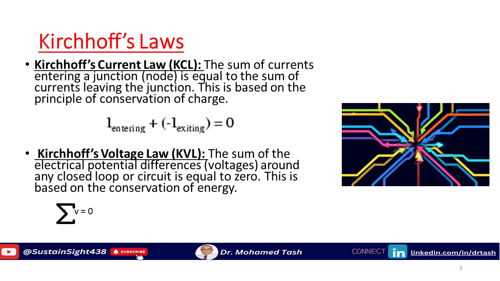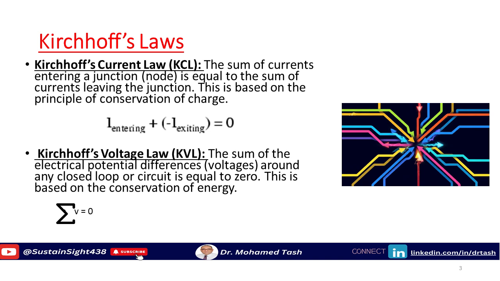Next, we have Kirchhoff's voltage law, or KVL. This law looks at closed loops within a circuit. KVL states that if you trace a path all the way around any closed loop in a circuit, adding up all the voltage increases, like from a battery, and all of the voltage drops across resistors, the total must equal zero.